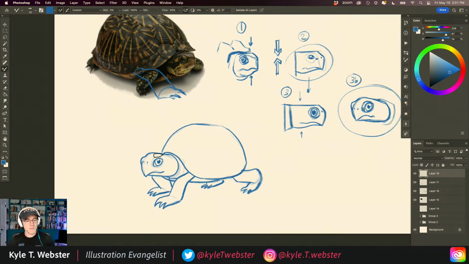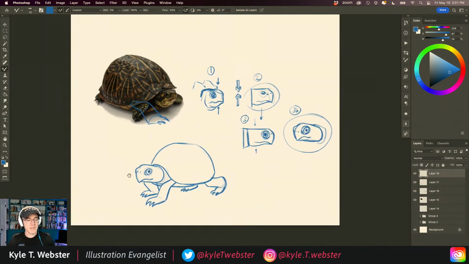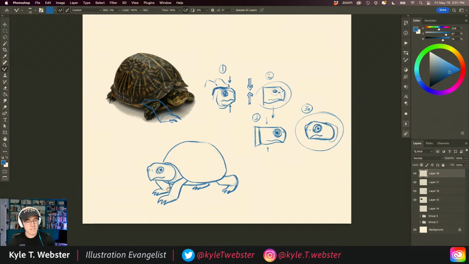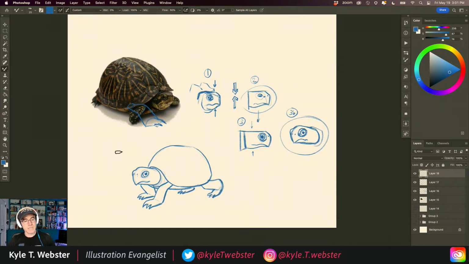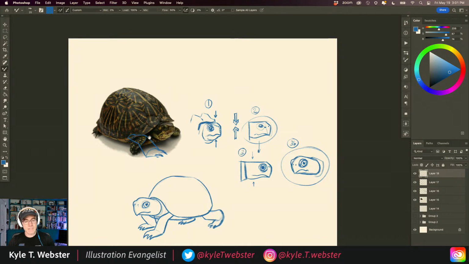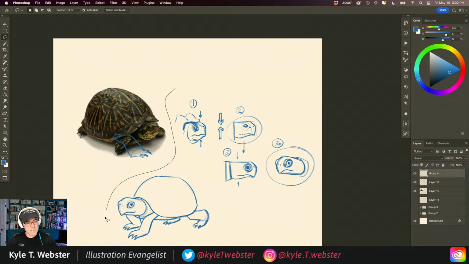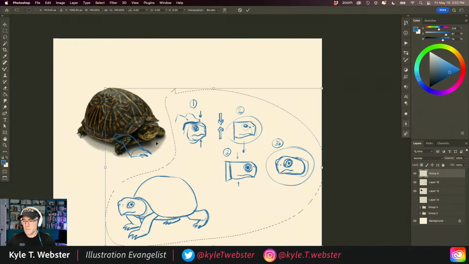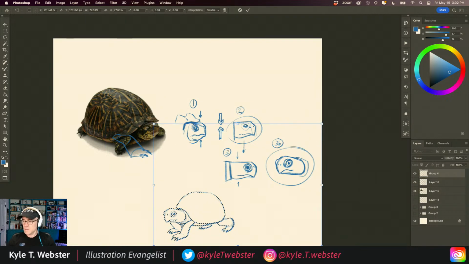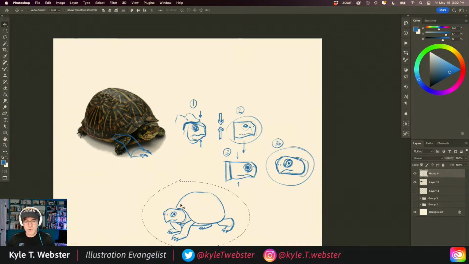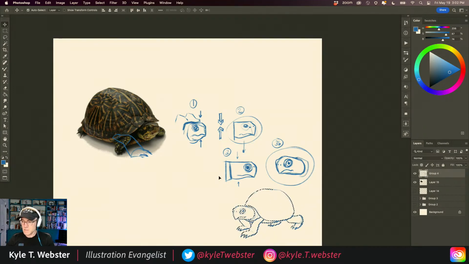All right, so we're starting to really get down to simplifying, but I mentioned anthropomorphizing, and we want to take this turtle and move it upright. So what we're going to do is take all of this and blend this into our little collection here.